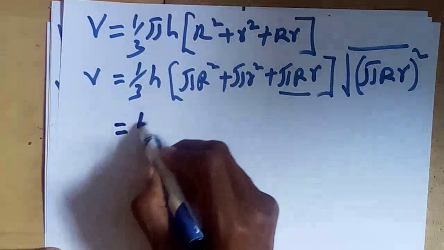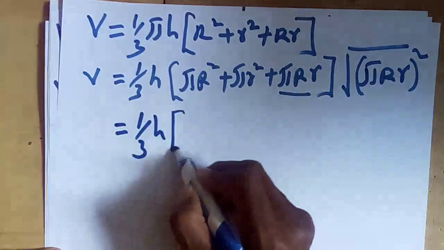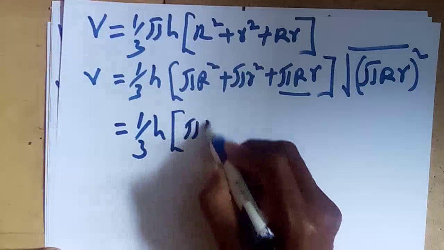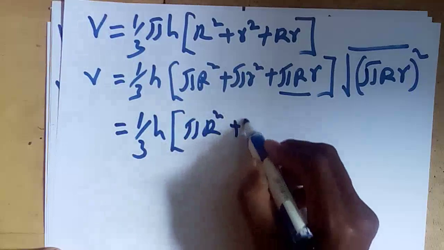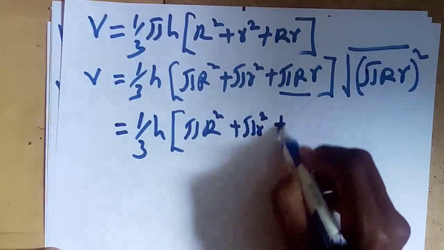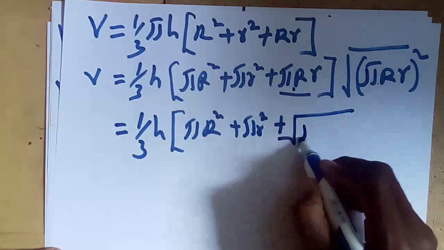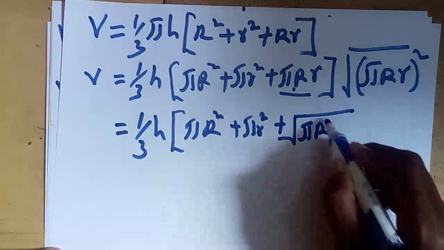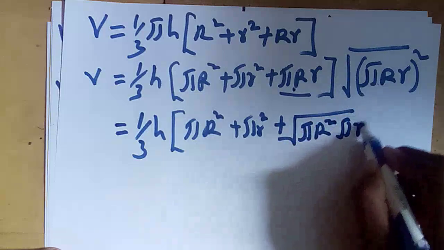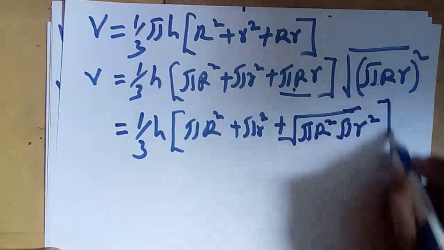Therefore I can write it as a third, and then h, pi r squared, then I introduce this one inside to have the square root of pi r squared, pi r squared.